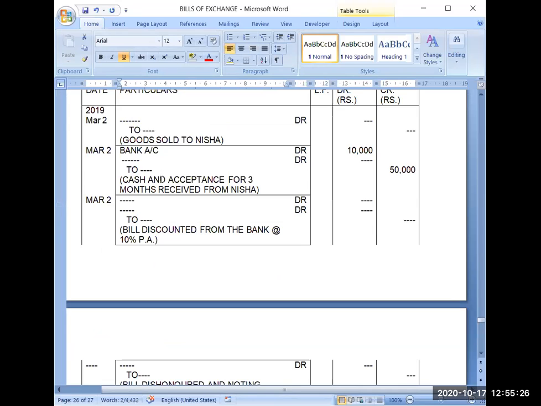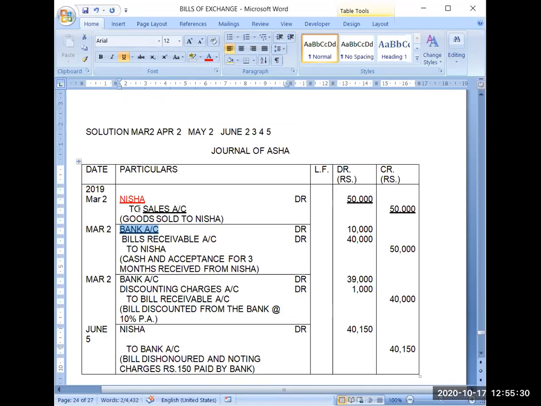In question you can check. So bank account was already given there. We have to fill these two. So this was already given. This don't need to be underlined. But these two factors were missing there.